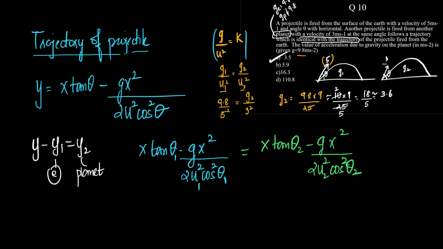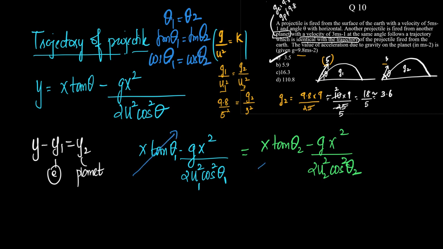Now since both of them are launched at the same angle, we can say that theta 1 is equal to theta 2. Therefore tan theta 1 should be equal to tan theta 2, and cos theta 1 should be equal to cos theta 2, which means x tan theta 1 is equal to x tan theta 2. Those two terms will get cancelled.